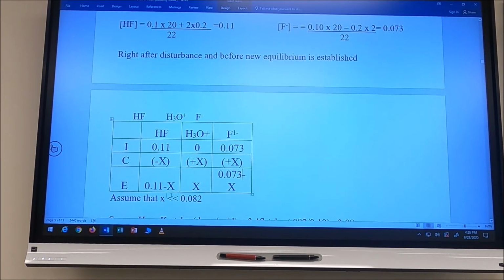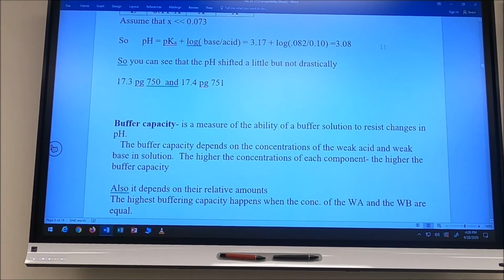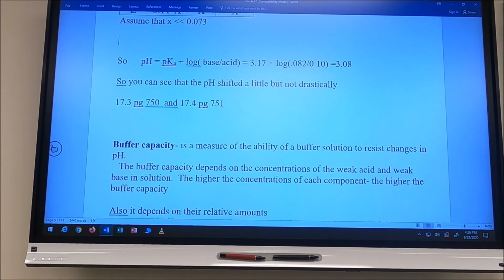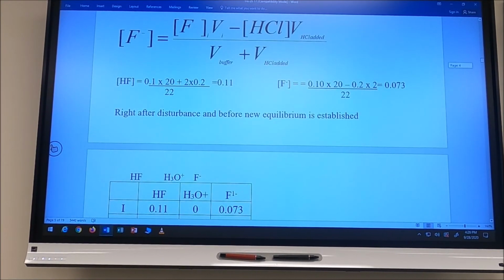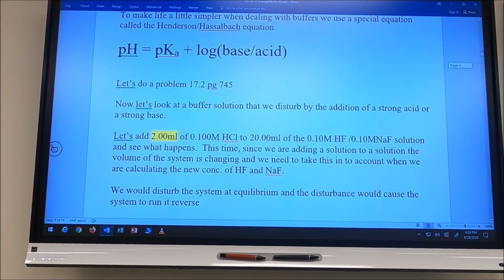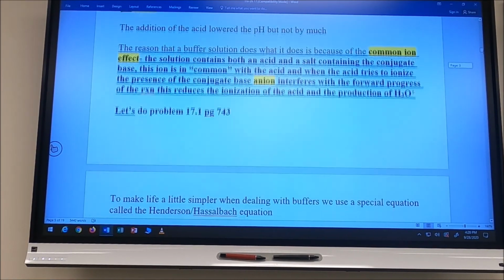Okay, I'm going to assume that x is less than 0.073. So when I do that, hold on. When I do that, what we're going to get is... I skipped something.